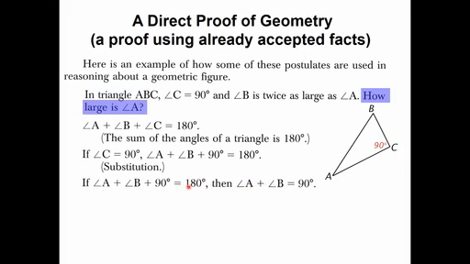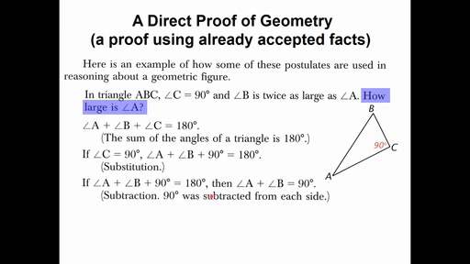Well, it looks like they got rid of this plus 90 degrees. How do you do that? You do that by subtracting 90 from the left side. Well, is that what they did on the right side? They ended up with 90. Well, sure, 180 minus 90. So the reason for this is the subtraction property. We subtracted 90 from both sides.